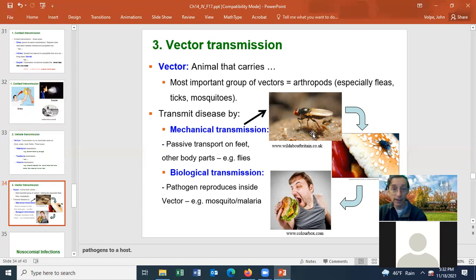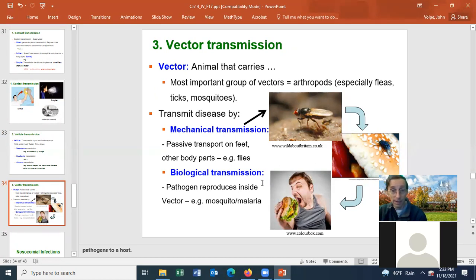In mechanical transmission, it's a passive transport, such as this fly picks up the microbes on its feet, and then the fly deposits them on a piece of food, for example, and then the food is consumed by a human. So the human gets the disease-causing organisms by consumption of the food, by mechanical transmission. Any question about that?